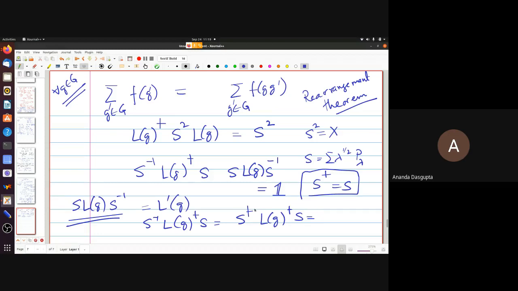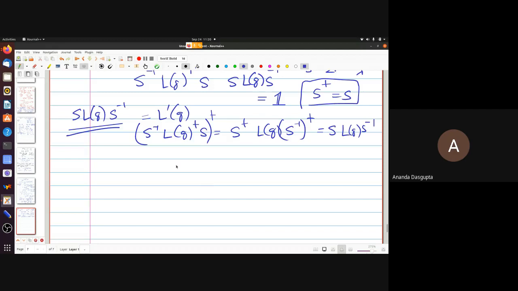No, that's not right. Sorry, but this is the same as, if you take its adjoint, what do you get? You get S dagger LG S inverse dagger. But S dagger is S, right? LG, and S inverse dagger is S inverse.